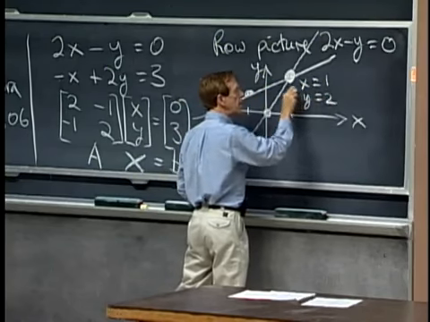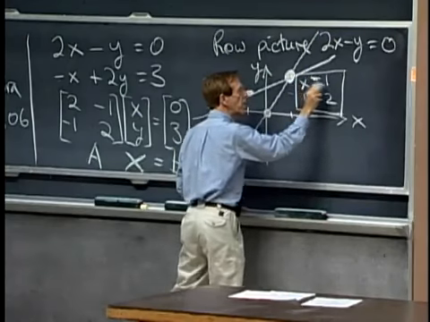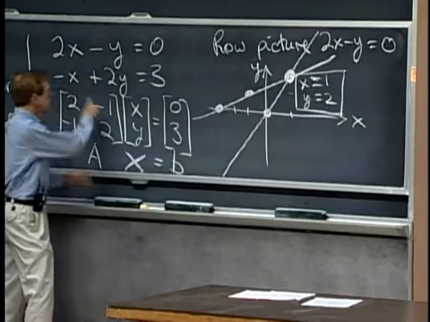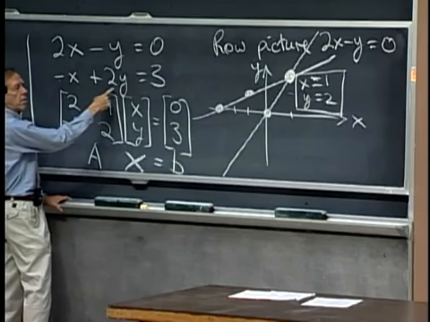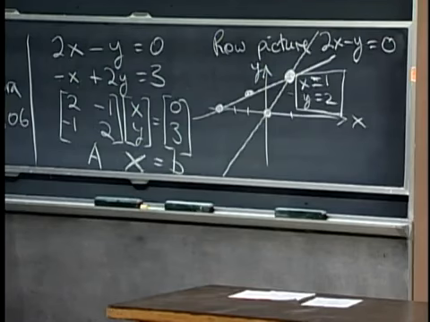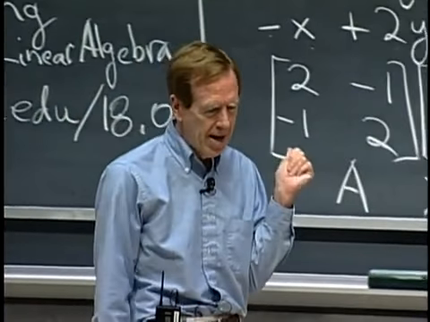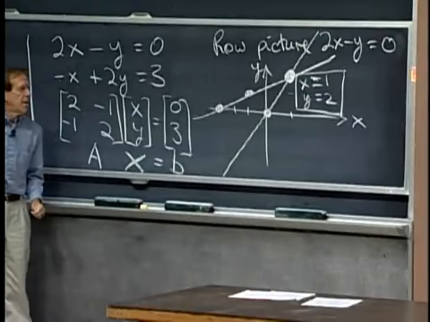That's the point there, and that, I believe, solves both equations. Let's just check this. If x is 1, I have a minus 1 plus 4 equals 3. Okay. Apologies for drawing this picture that you've seen before.